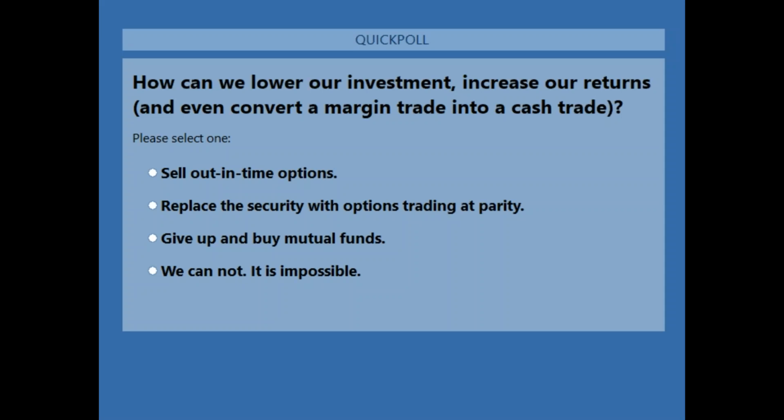Should we sell farther out in time options? Should we replace the security with options trading at parity? Should we give up and buy mutual funds, or is what we're talking about not even possible? I'm going to give you about 5 more seconds. 4, 3, 2, 1.